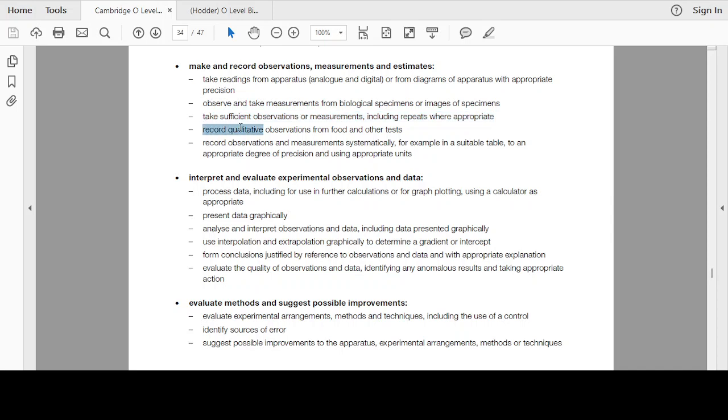Record. So in an experiment, just taking one value is not enough. You can't say, oh, I did the experiment once, this is the result I got, and that's that. No, you want to take a range of measurements over a range of values of the independent variable.